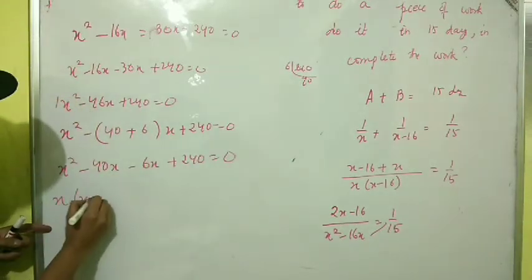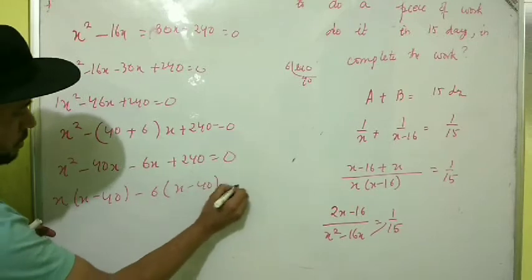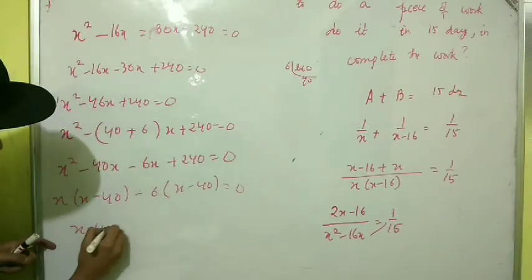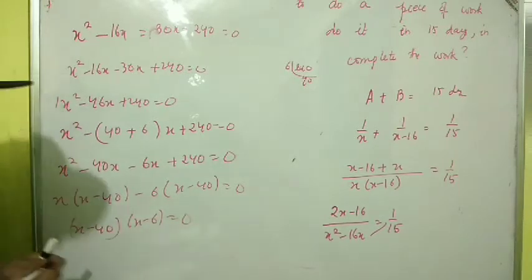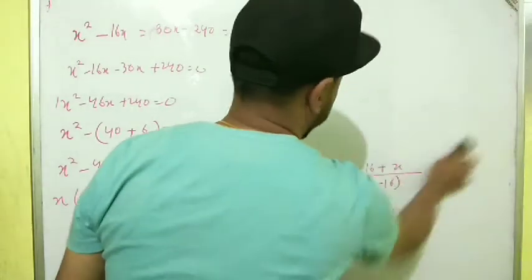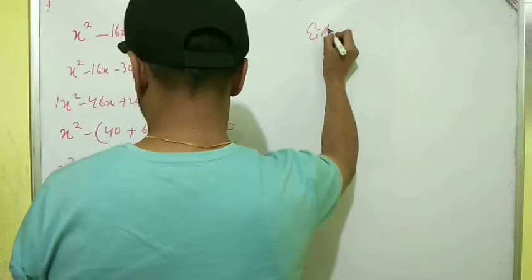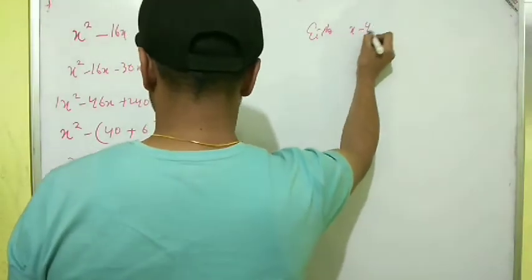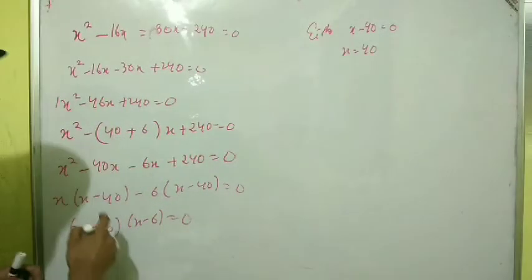Taking x common, x into x minus 40 minus 6 into x minus 40 is equal to 0. Now x minus 40 is common, so x minus 40 times x minus 6 is equal to 0. Now either x minus 40 is equal to 0, so x is equal to 40.